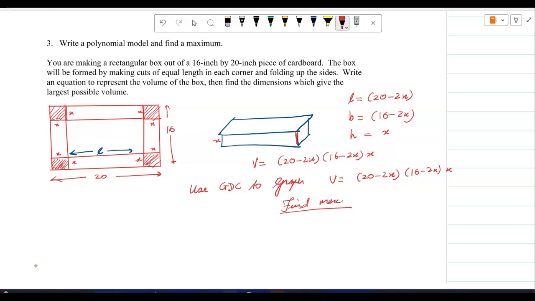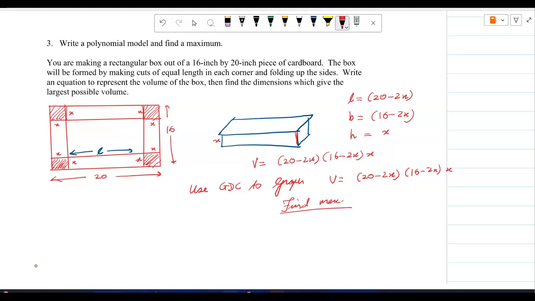Window setting, yeah, it's there. Okay. Now you can zoom.